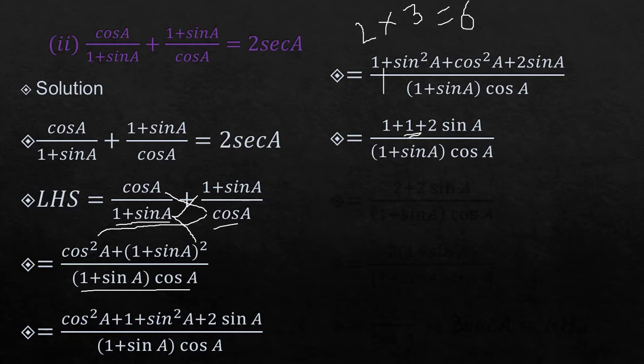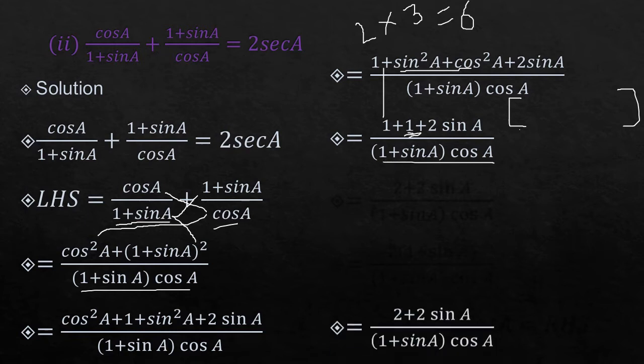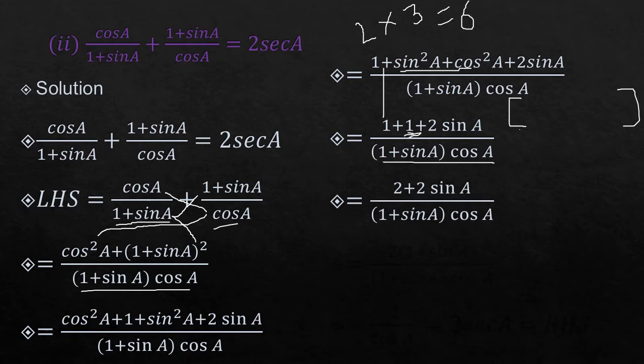This 1 comes from the identity sin square A plus cos square A is equal to 1, plus 2 sin A. The denominator will again remain the same, 1 plus sin A into cos A. So it equals 2 plus 2 sin A upon 1 plus sin A cos A.